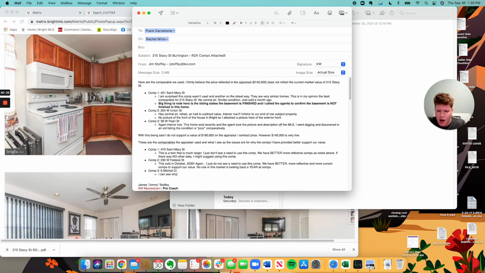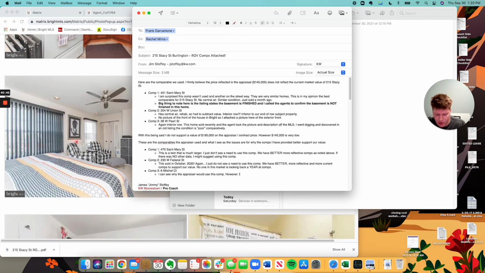I can see why the appraiser would use this comp. However, it's pretty far from our subject, all things considered. Burlington, this location, this property is in close proximity to Route 130.